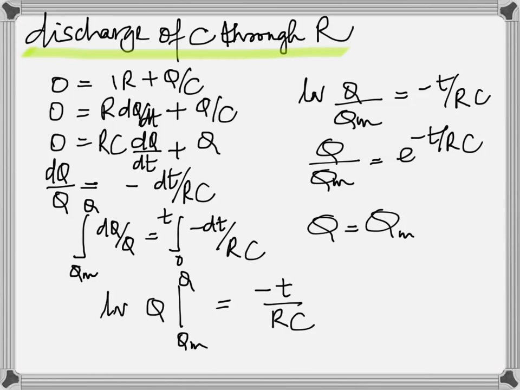And then you get your equation finally as Q is Qm e raised to minus t by RC. Did you notice the difference between the charging equation and the discharge? There is no 1 minus. And do be careful about that. Because if it's Q is equal to Qm times e negative t by RC, it's discharge. But if you have 1 minus, it's charging.